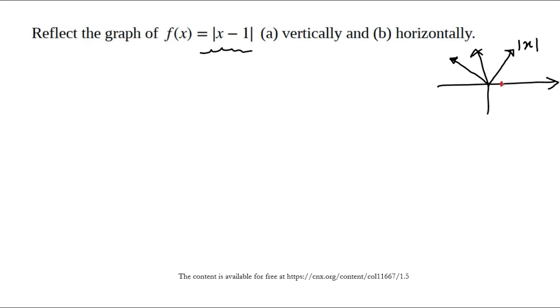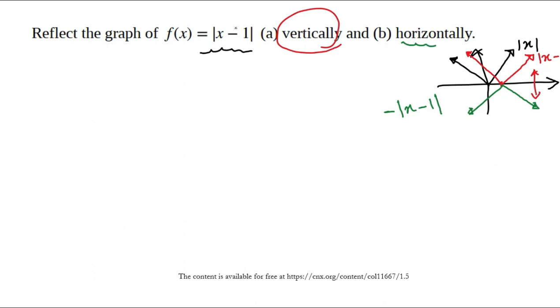So this is 1. This is absolute value of x minus 1. Now we want to reflect it vertically. So it would be like this. So this is minus absolute value of x minus 1.